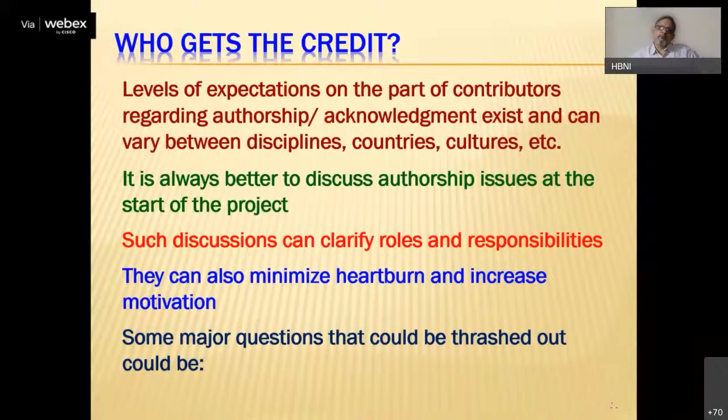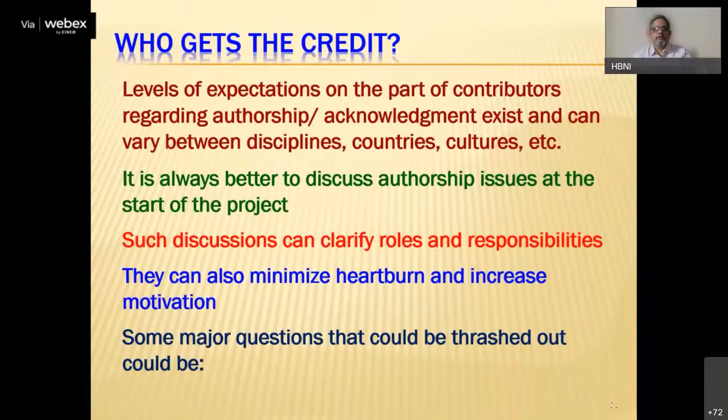So in order to overcome this problem, it is always better to discuss these authorship issues at the beginning of the project itself. Whenever you start the project activity, it's better to have a meeting of all the concerned stakeholders and thrash out this issue completely before you start the work, so that each person is clear about what will be his particular role in the entire process.